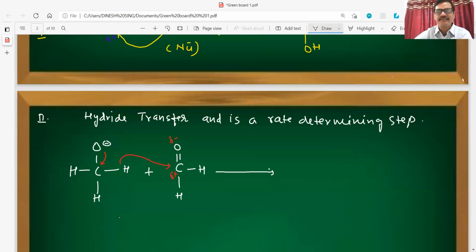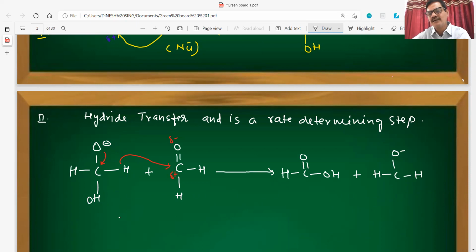That is an intermolecular reaction we can say. So this will convert into HCOOH and here is this OCH3 minus, so methoxide ion is formed, and this is the slow step and RDS of the reaction.